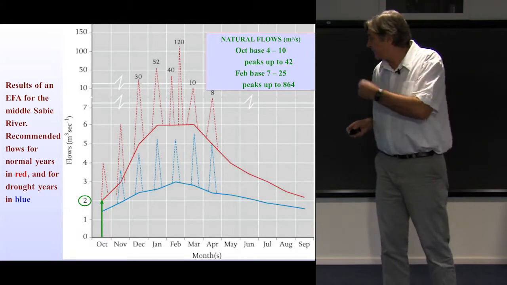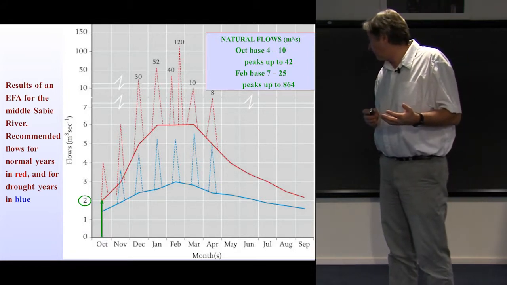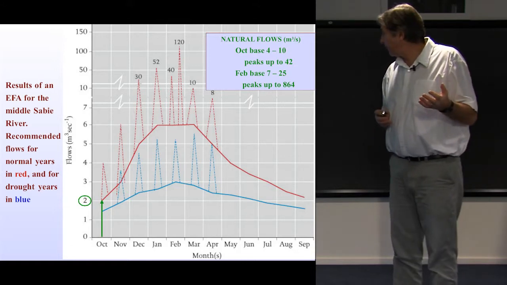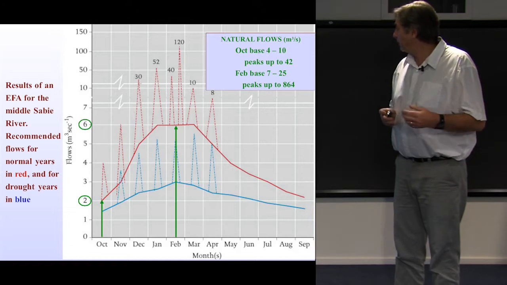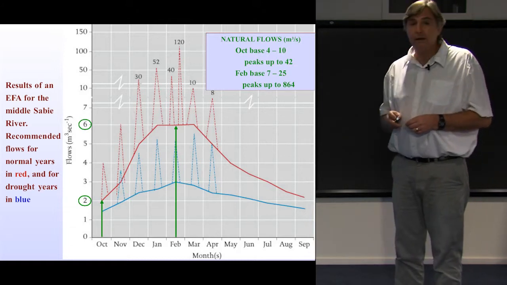Here's just an example. In the driest month in October, 2 cubic meters per second base flow, going up to 6 during the wet season in February.